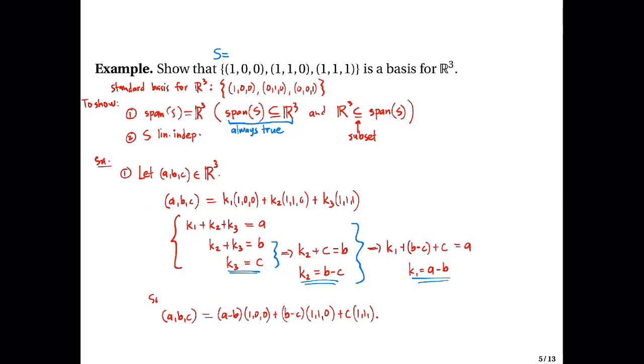Since we have found actual values for K1, K2, and K3 that will satisfy the equation, it means that R3 is a subset of the span of S. And therefore, span of S equals R3. So we have shown this first part.